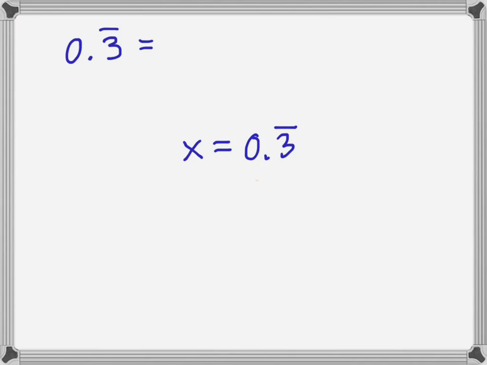What we want to do in the end is get to the point where we have x equal to some fraction. In this case, we know it's going to be 1/3. Because I've just rewritten x in two different ways, I would then know that this decimal is the same as my fraction 1/3.